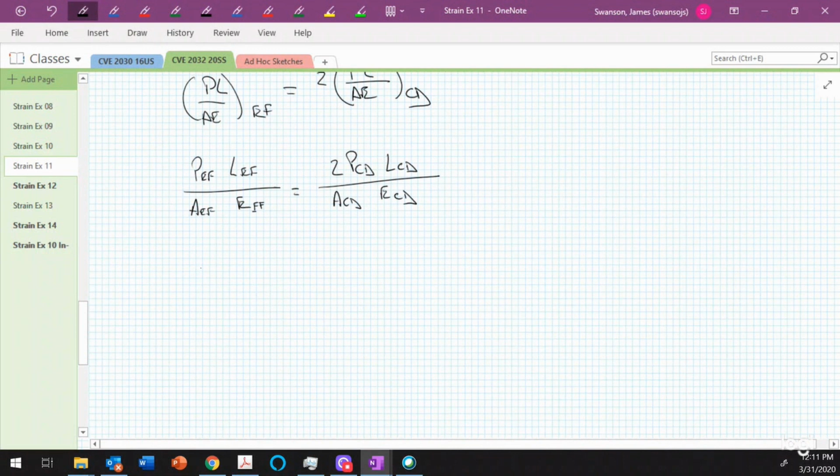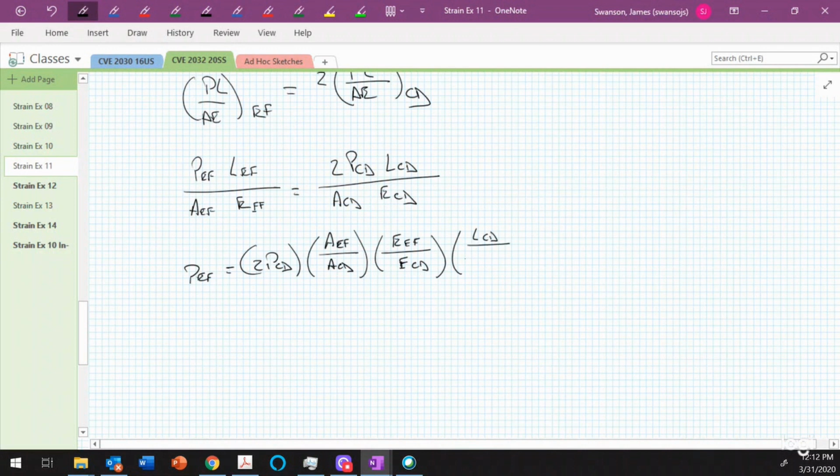So I could say that P sub EF is equal to 2 times P sub CD times the ratio of A sub EF to A sub CD, the ratio of E sub EF to E sub CD, and then the ratio L sub CD to L sub EF, just like that.